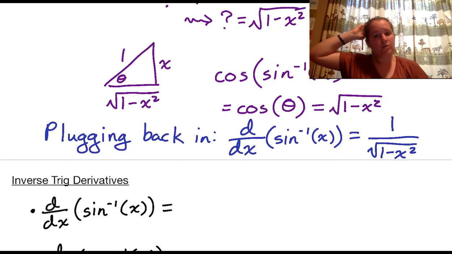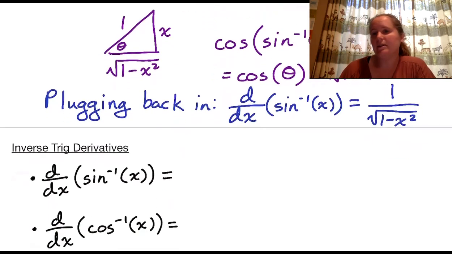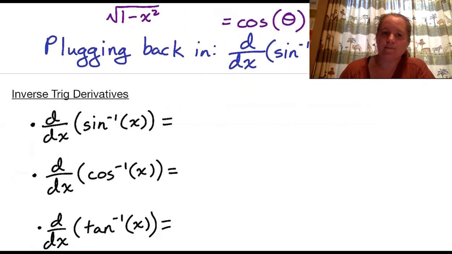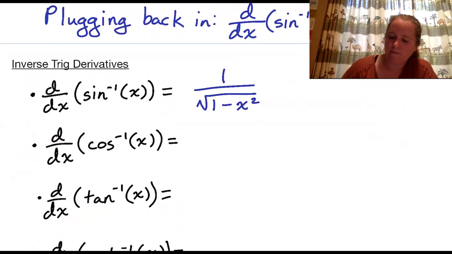So we could do similar trig manipulation for all of our inverse trig functions. I'm not going to do them here, but we could do essentially the same thing for each. So we just saw the derivative of sine inverse of x was 1 over the square root of 1 minus x squared.